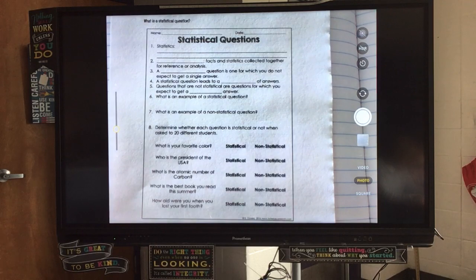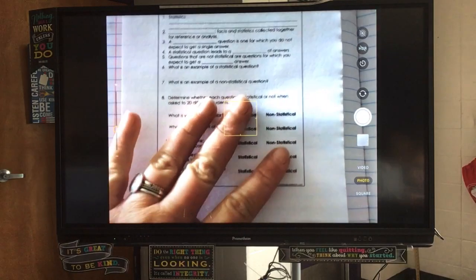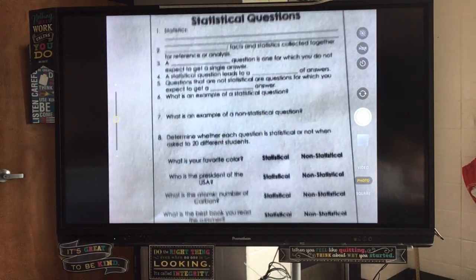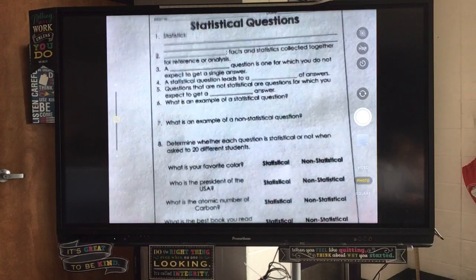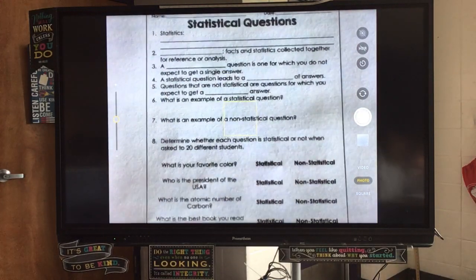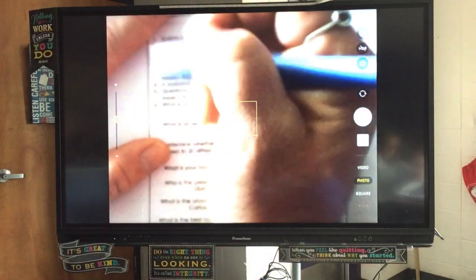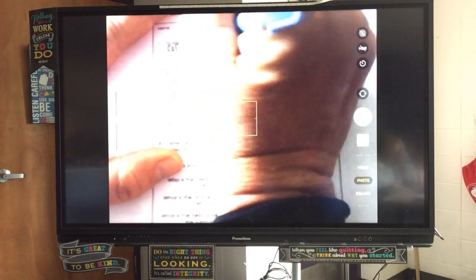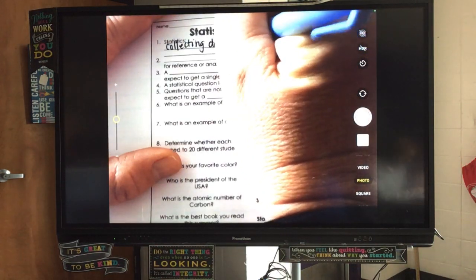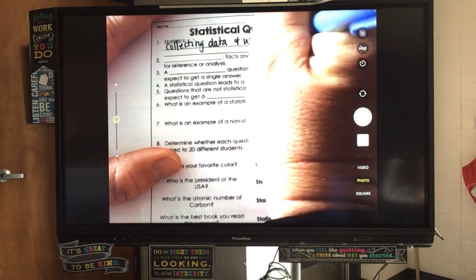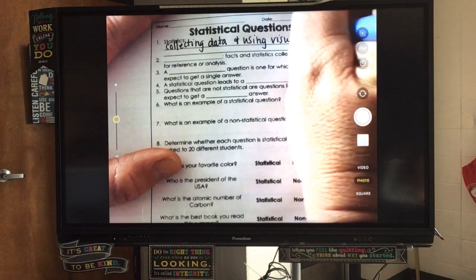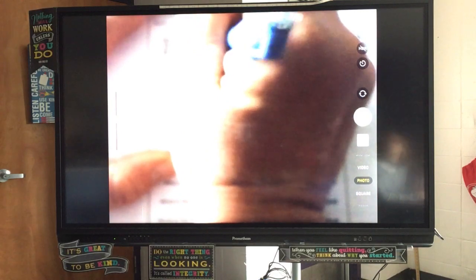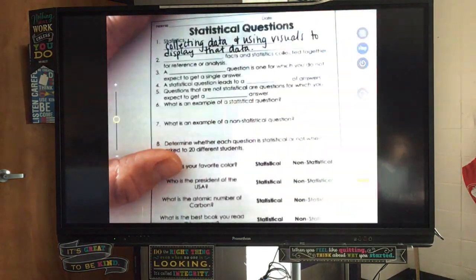Okay? All right, so we are going to talk a little bit about what statistics actually are. I understand that this is a small line, and I apologize for those of you who write big, but do the best you can. So statistics is collecting data and using visuals to display that data.